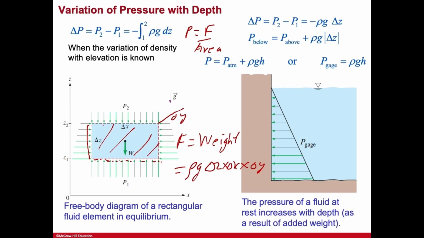Let's say this bottom face that we are considering, right? So now that is the force, but we computed this, and we need to find the area, right? So the area corresponding to this face which we are trying to calculate the pressure on is nothing but delta x times delta y. So now finally, if you want to find pressure, it is nothing but rho g delta z delta x delta y divided by delta x delta y, right?